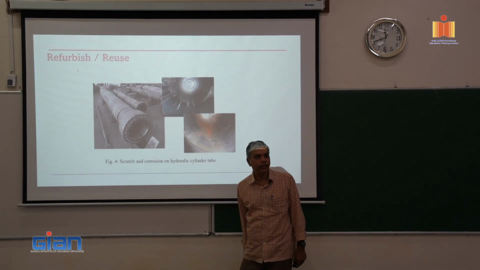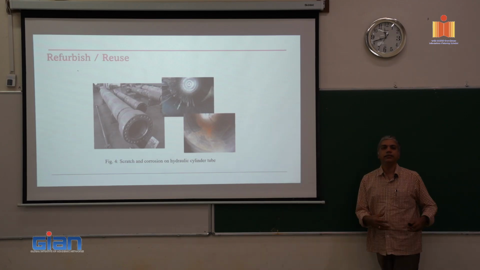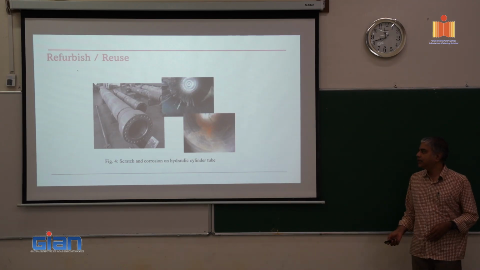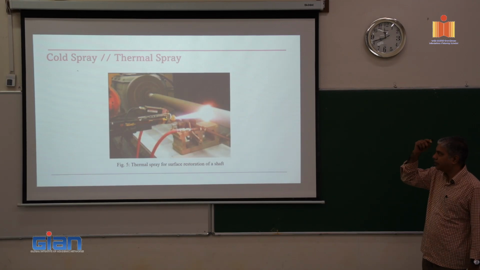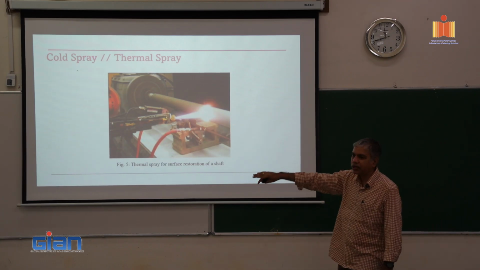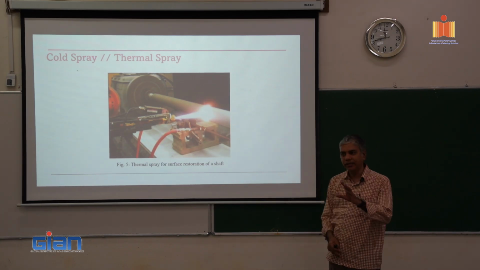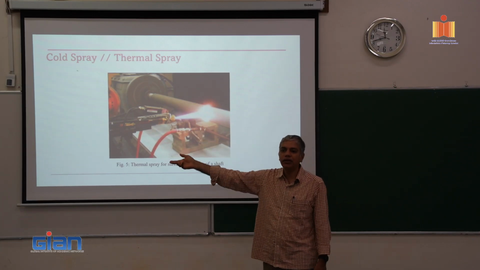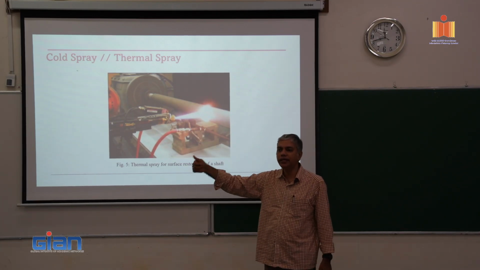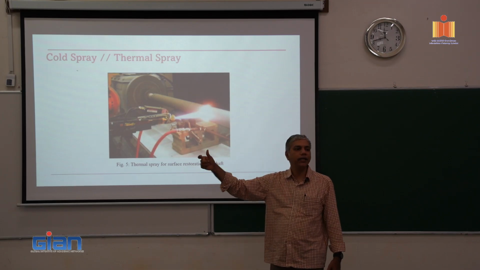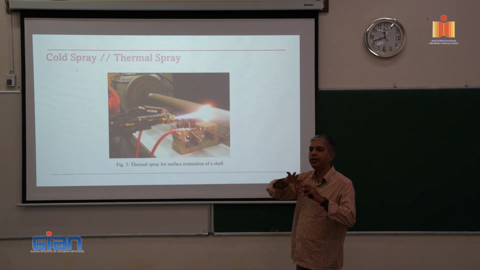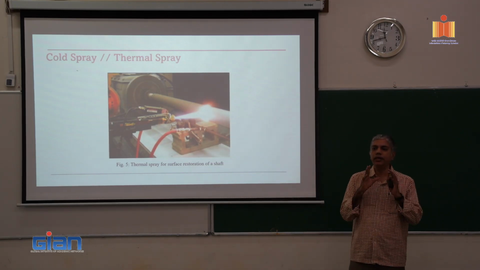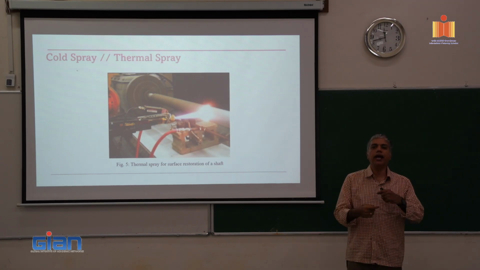One such method, and typically there are versions of it, some of them are cold spray, some of them are thermal spray. The idea here is in cold spray, the plastic deformation is more significant. In thermal spray, the material melting is more significant. But ideally, either way, you can selectively and continuously add material.